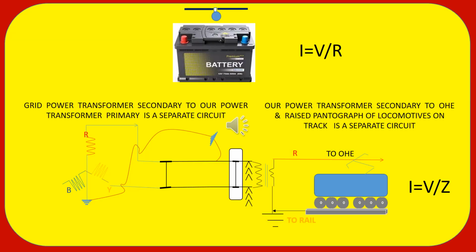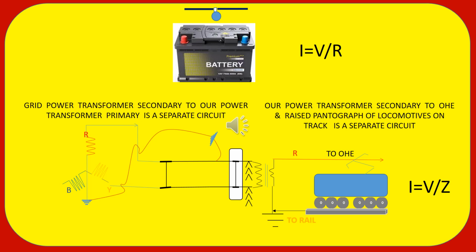Now a clear idea about short circuit. What is short circuit? Short circuit is to complete a circuit without load. What is load? Load is one type of impedance or resistance. So when you connect an impedance or resistance, it has some ohmic value.